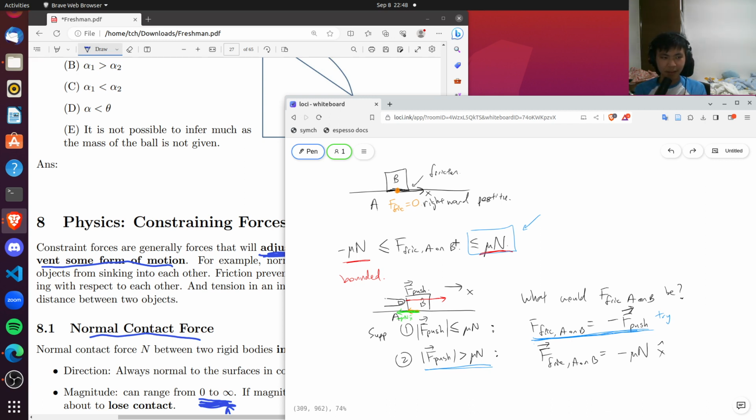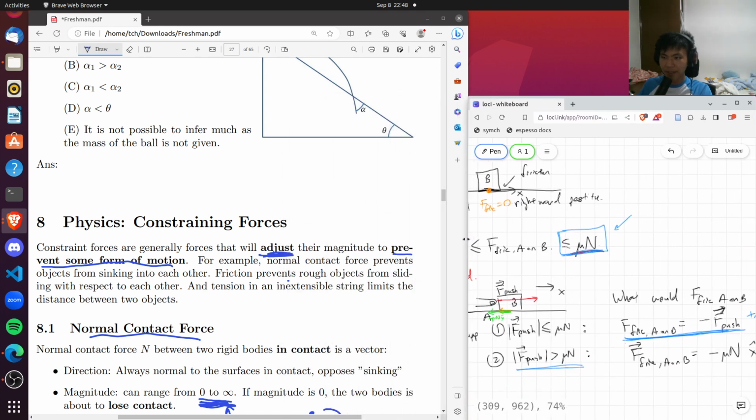And if and only if friction is saturated at this bound, at the very limit of this inequality, friction will be stuck there. It'll be equal to mu n, and then whatever external forces win over friction will cause the object to accelerate. So that's just something I want to emphasize.